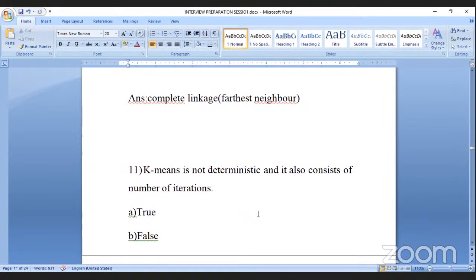So the 11th question is, K-means is not deterministic and it also consists of a number of iterations. It is true or false. Only two options.